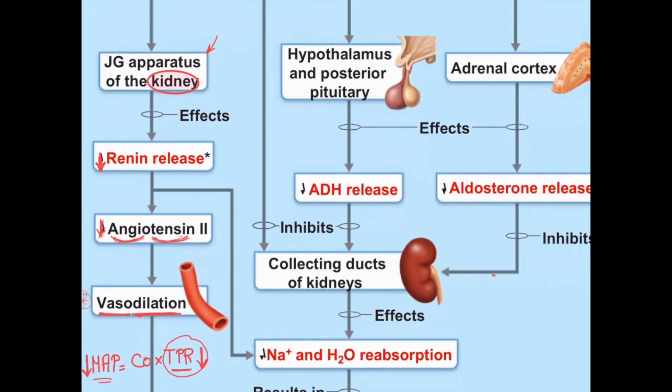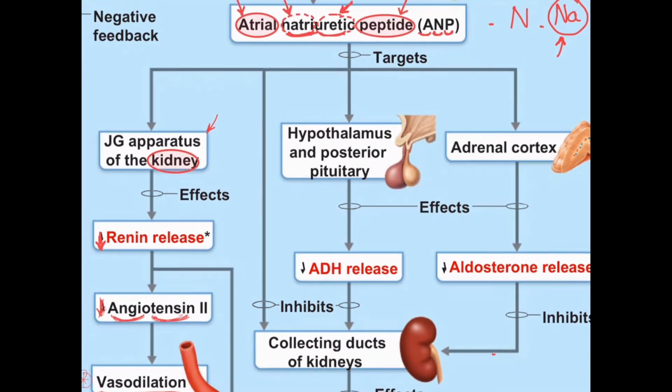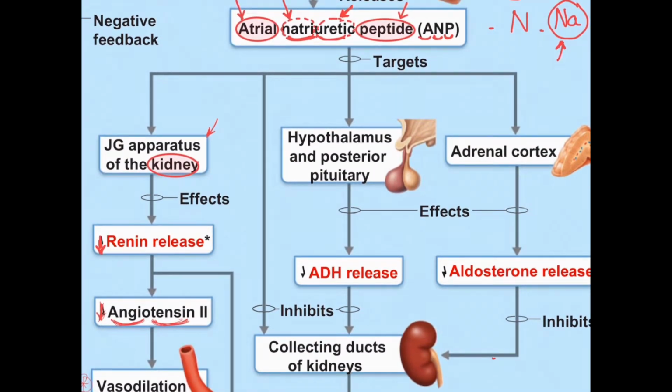Another target organ that the atrial natriuretic peptide is going to be affecting is the hypothalamus and the posterior pituitary gland. If you remember, hypothalamus was releasing a hormone called ADH that gets released from the posterior pituitary gland. And remember what was the function of ADH.